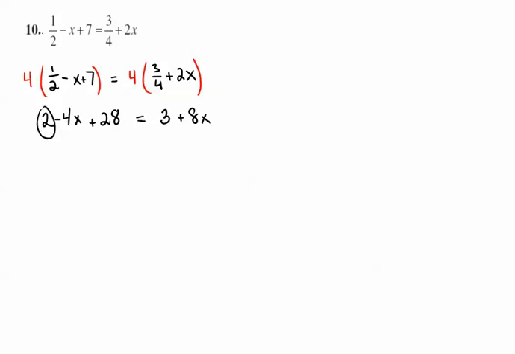So before we start to add and subtract things and multiply and divide both sides by the same number, we can combine at least these two. We have a 2 and a positive 28, so that's going to give 30 minus 4x is equal to 3 plus 8x.